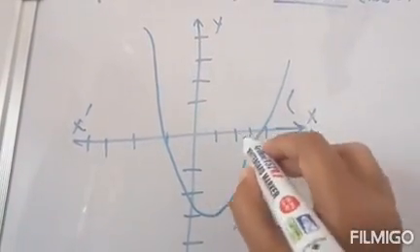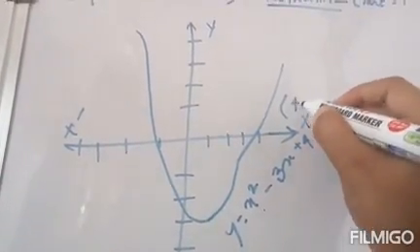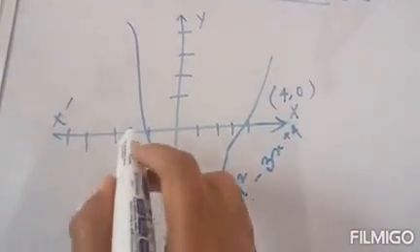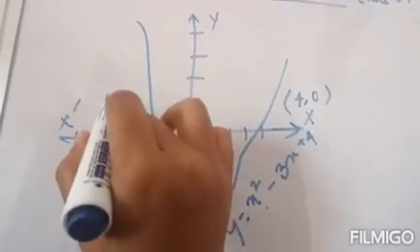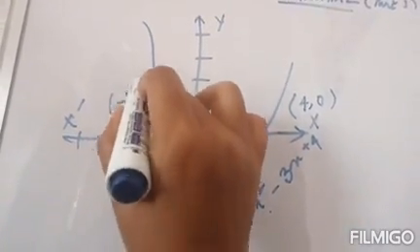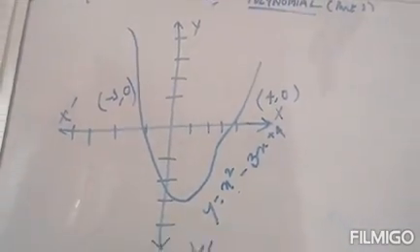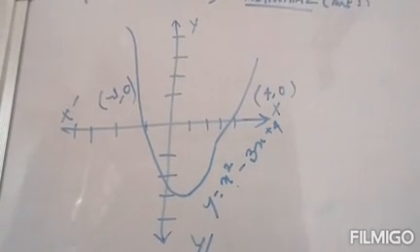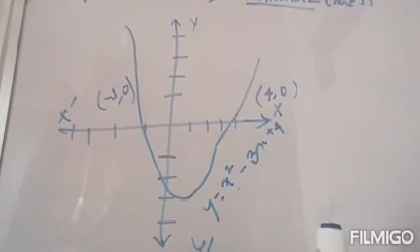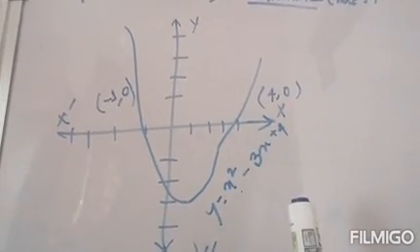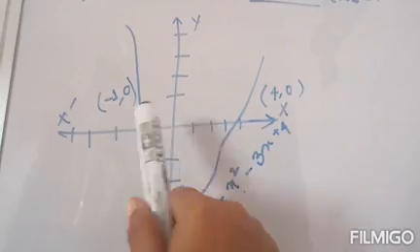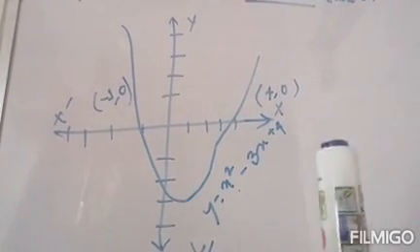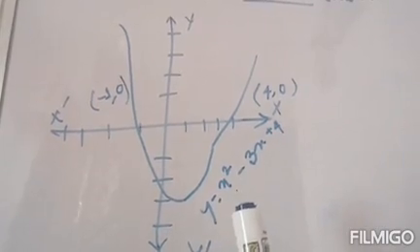From the graph we can see 1, 2, 3, 4, so the coordinate of this point is (4, 0), and for this one, as it is negative, it will be (minus 1, 0). So let's see whether what I said before is true, that the x-coordinates of the intersecting points will be the zeros of the polynomial.